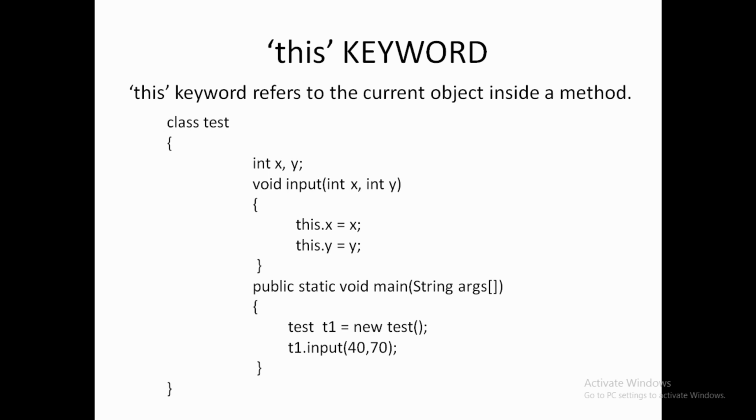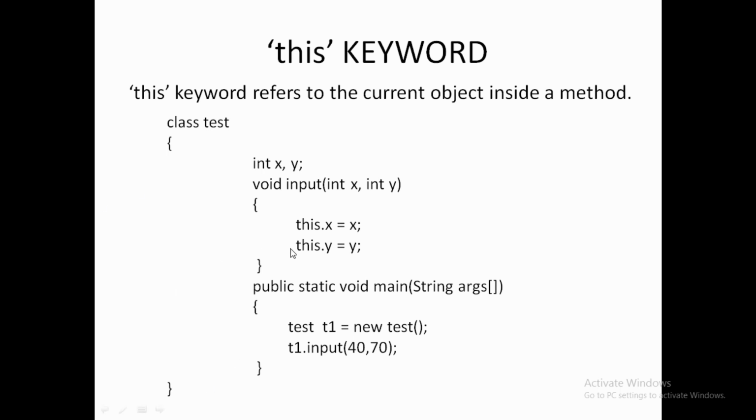The last topic of this video lecture, the this keyword. This keyword refers to the current object inside a method. By current object, I mean the object using which the method is called.